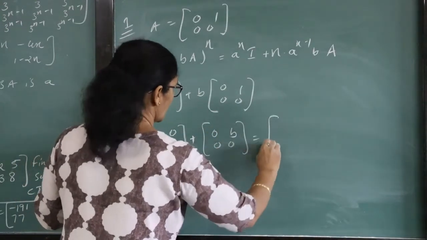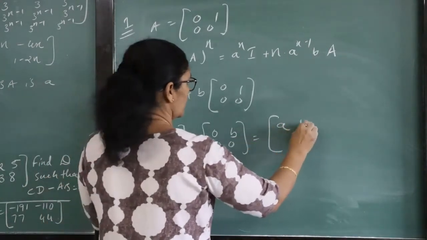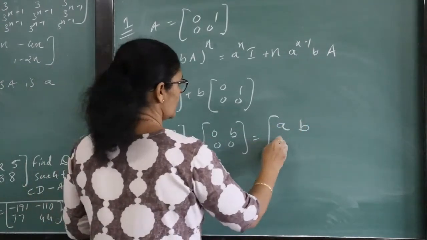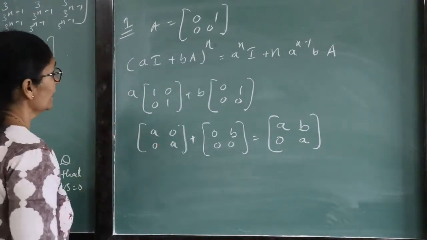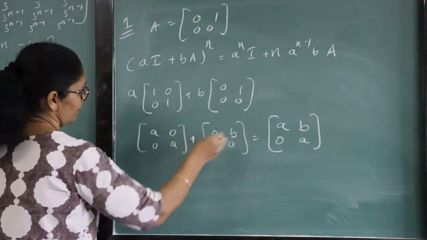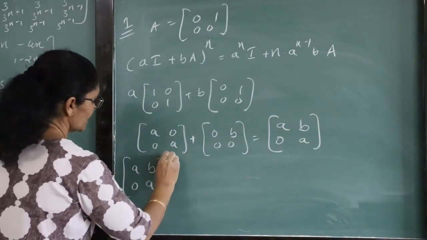Now make it one matrix: a plus 0 is a, 0 plus b is b, 0 plus 0 is 0, and a plus 0 is a. So we get [a b; 0 a] for this term, and now it is to the power n.